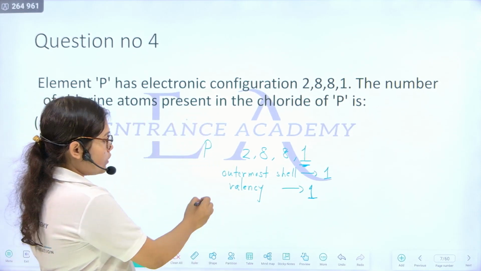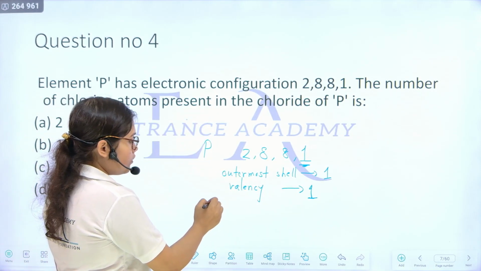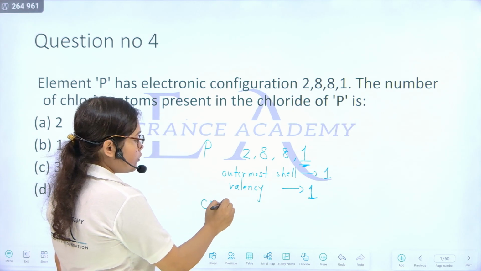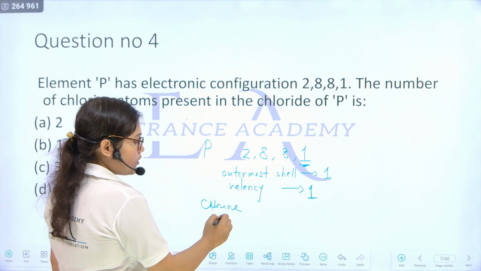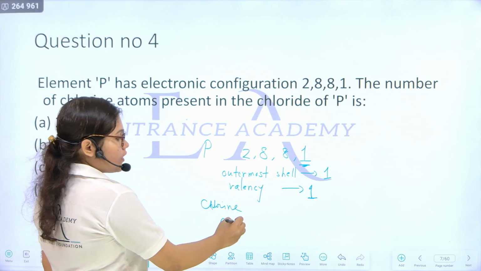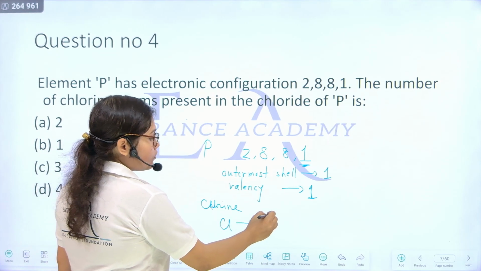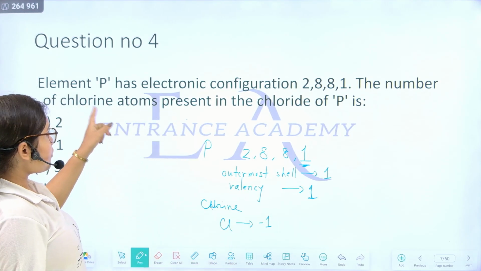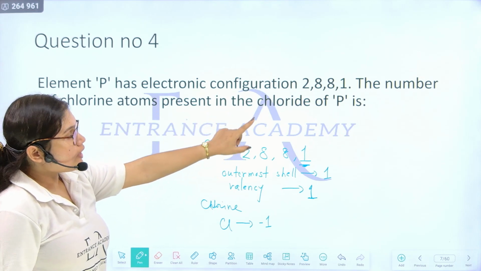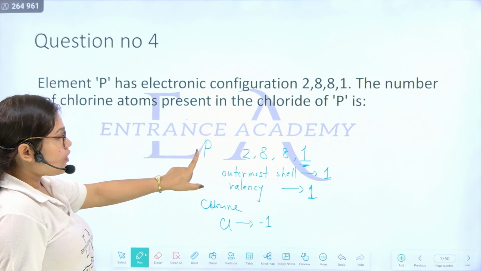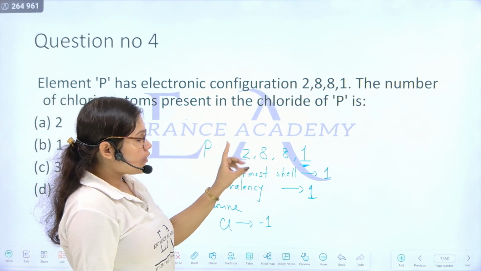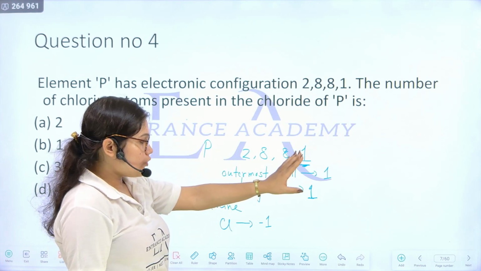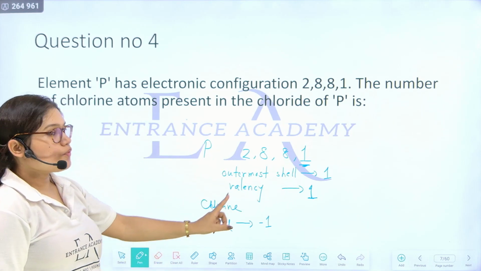And we know the valency of chlorine, as in the chloride ion, is -1. The number of chlorine atoms present in the chloride of P: according to the electronic configuration of P, it has 1 electron in the outermost shell, and the valency of chlorine is 1.